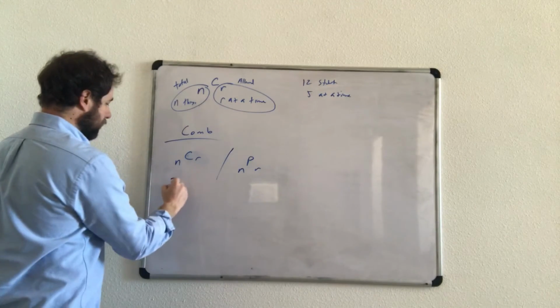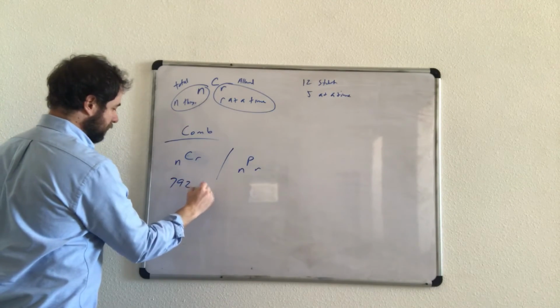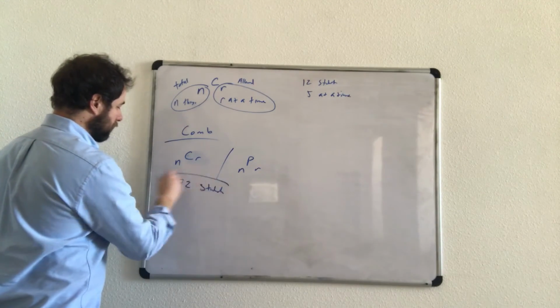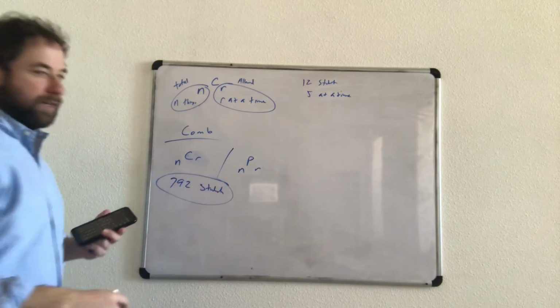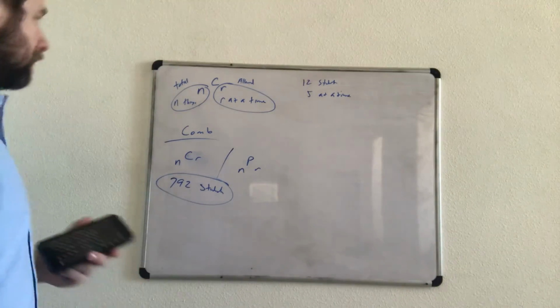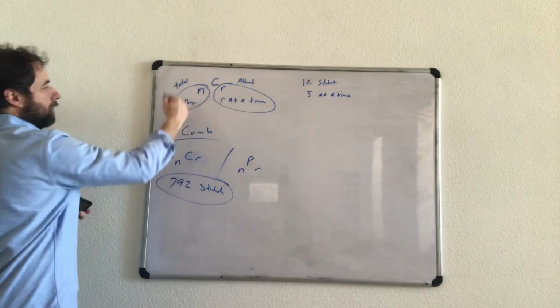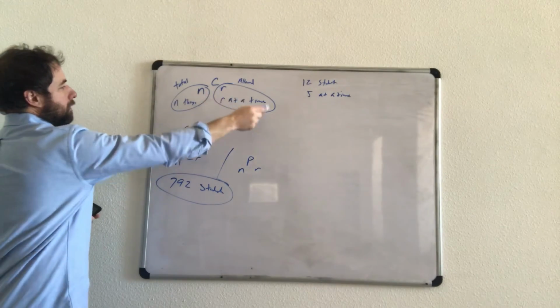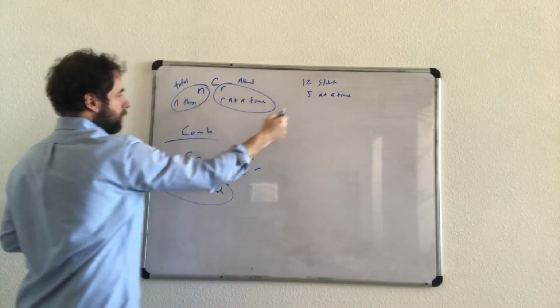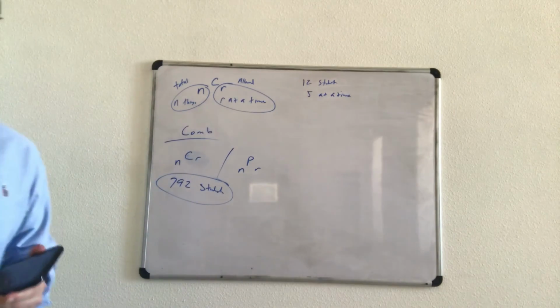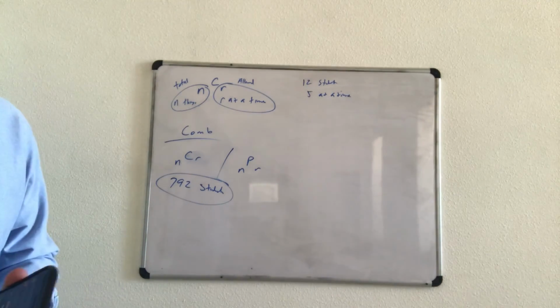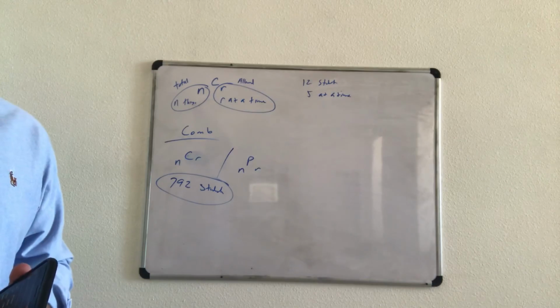That's the number of combinations. Now remember, it's students. Remember to put your units or whatever down there. So very easy. Total number of things goes on the end, r at a time, the number allowed, so the lesser number is going to go there. That's it for lessons 72, 73, 74, and 75.